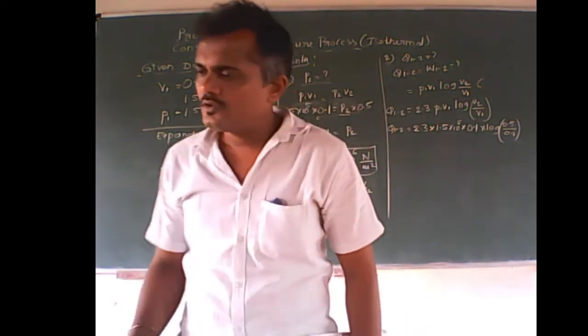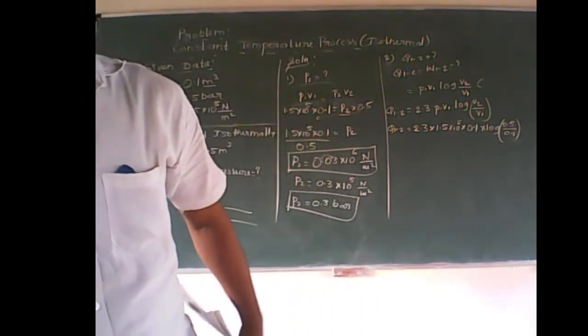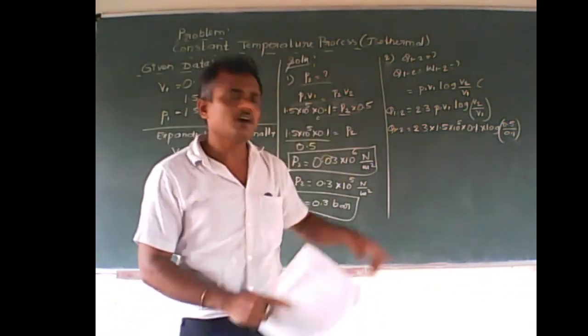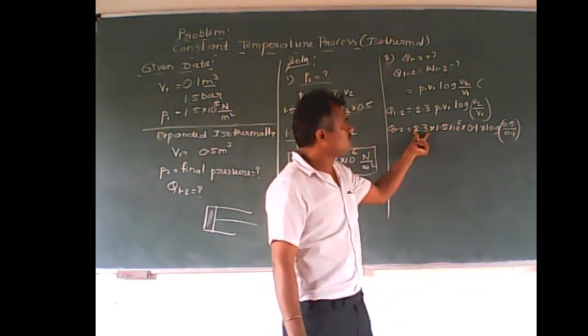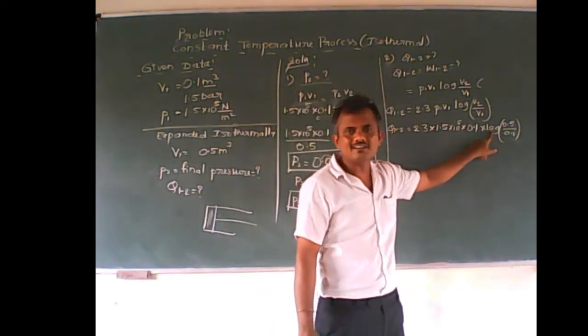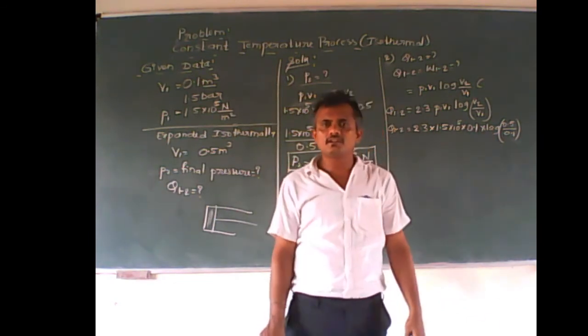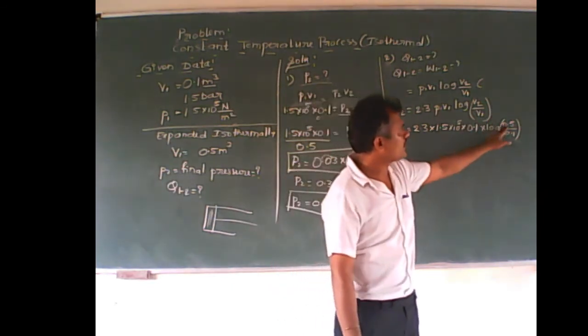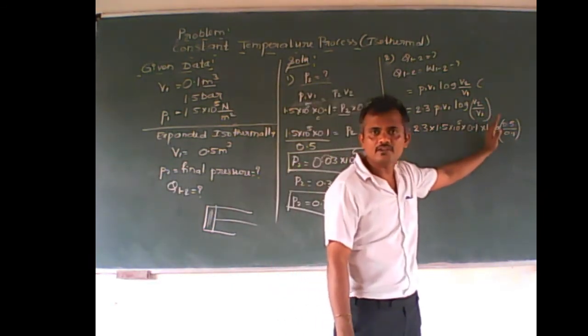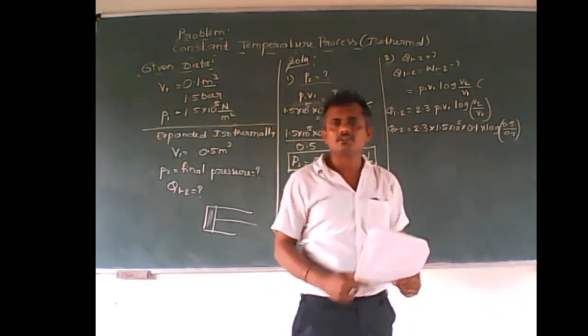Here you have to use log. If you do not use 2.3, then you can directly use the ln button in your calculator, with brackets, ln of 0.5 divided by 0.1.